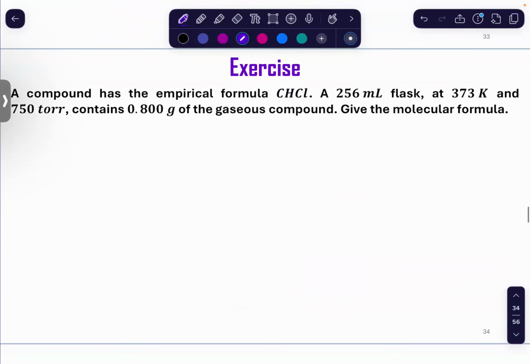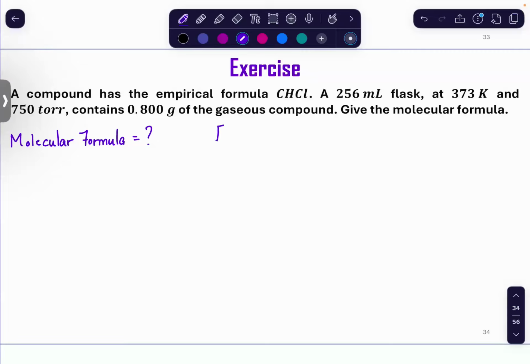Okay, so next exercise. A compound has the empirical formula CHCl. A 256 mL flask at 373 Kelvin and 750 torr contains 0.8 grams of the gaseous compound. What is the molecular formula? What are we being asked for?